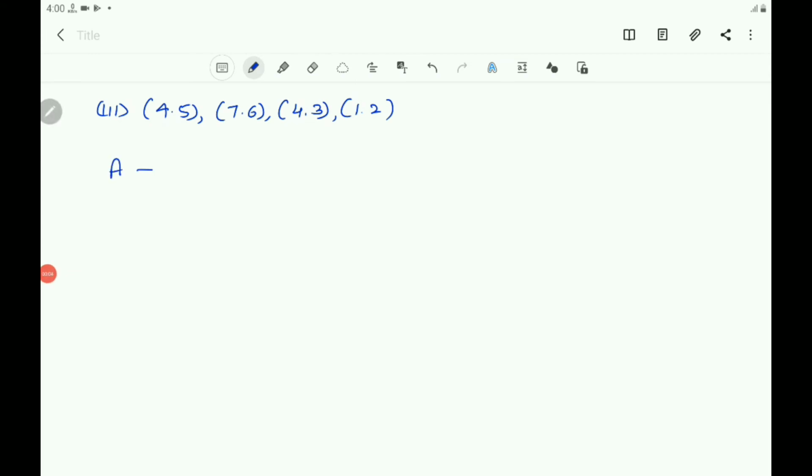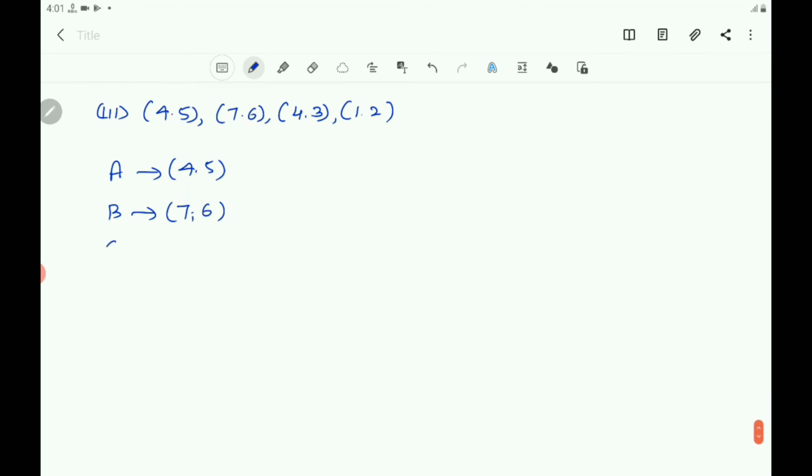Let A be a point with coordinates 4, 5, B a point with coordinates 7, 6, C a point with coordinates 4, 3, and D a point with coordinates 1, 2. Now you find AB, BC, CD, DA.